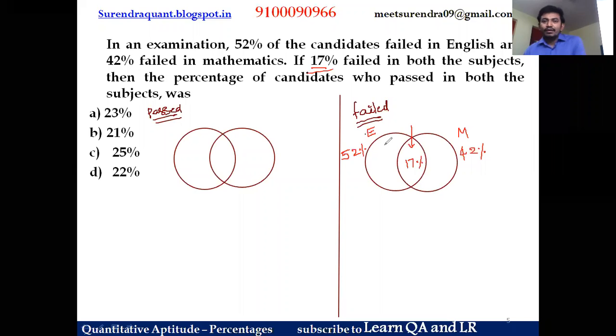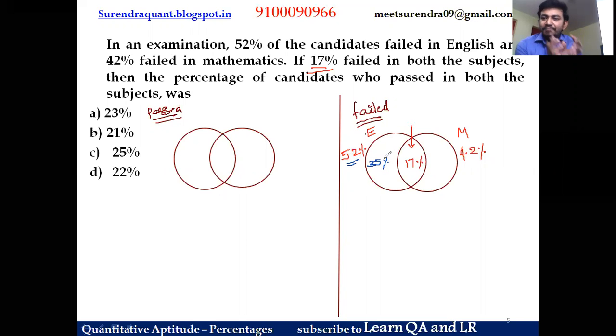Let's see how. This English circle represents 52%. But out of this 52, 17% failed in math as well. So what percent failed in only English? 52 minus 17, 35% failed in only English. Yes or no?